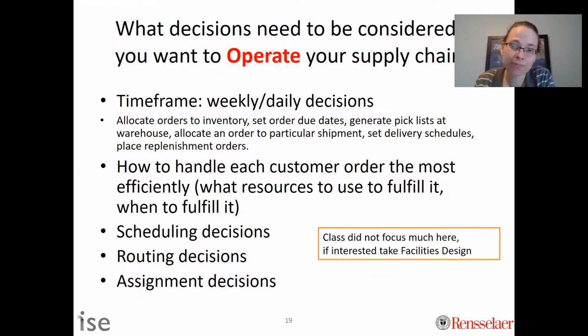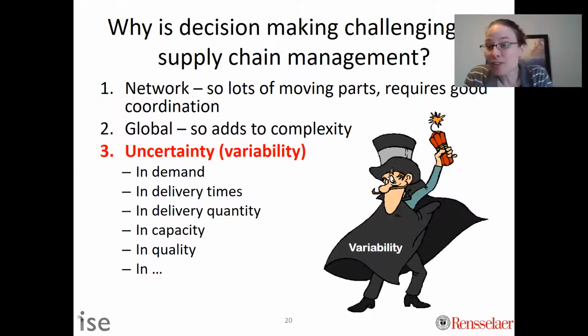All right, so what makes all of these questions hard is really uncertainty, but other things. And I think if you're paying attention at all to the COVID supply chain implications, what makes supply chain management hard is because there's a network, there's lots of moving parts, which means if one part doesn't work, that has implications to other parts that even could be working.